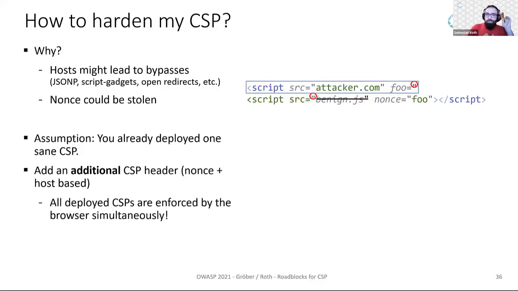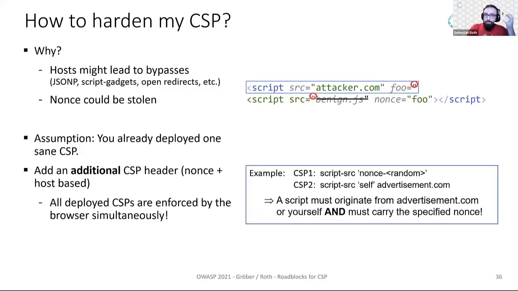So if you have one CSP that enforces the nonces to be present on scripts, and another CSP that only allows self and advertisement.com as valid sources, a script in your application must originate from one of the trusted sources and at the same time also carry the specified nonce.